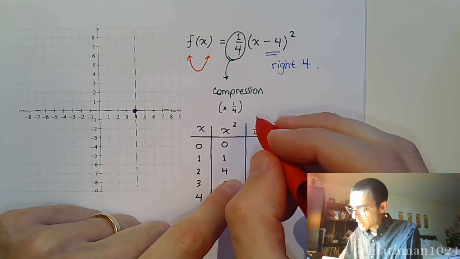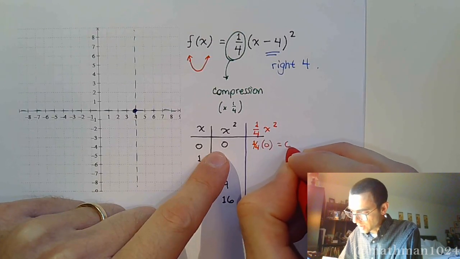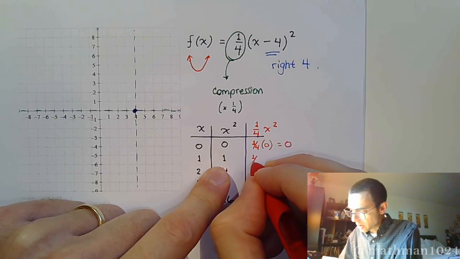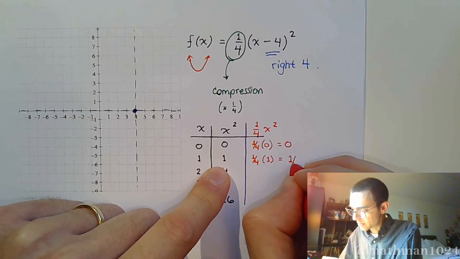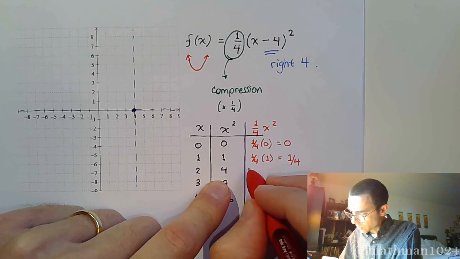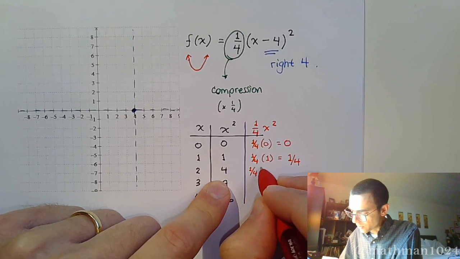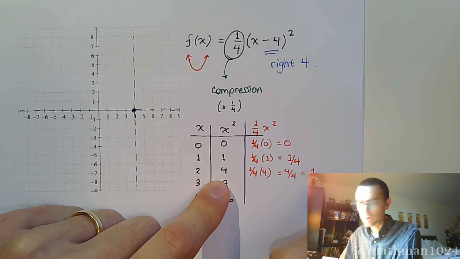So 1/4 times 0 gives 0. 1/4 of 1 gives 1/4. 1/4 of 4 gives 4 over 4, which is equal to 1.